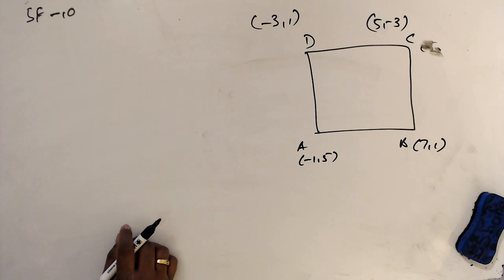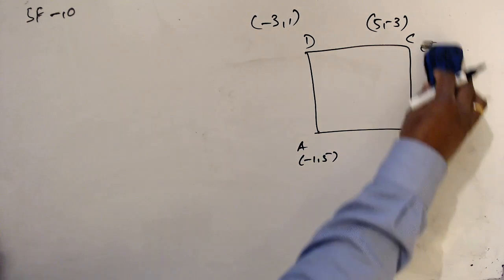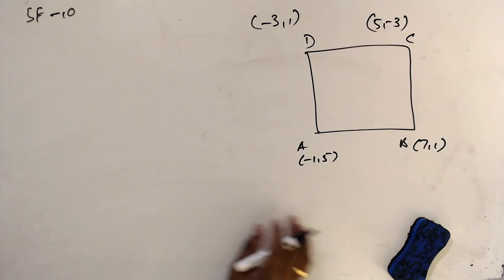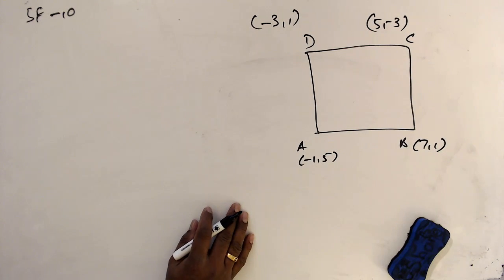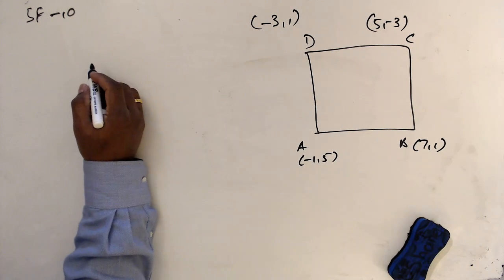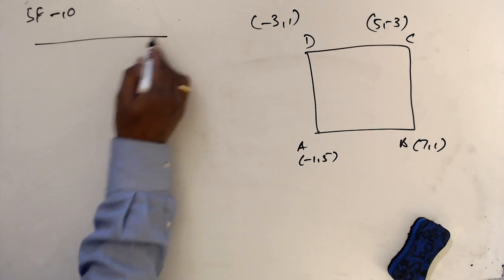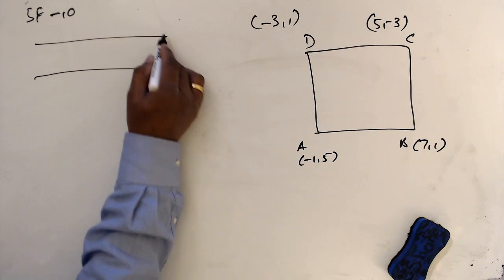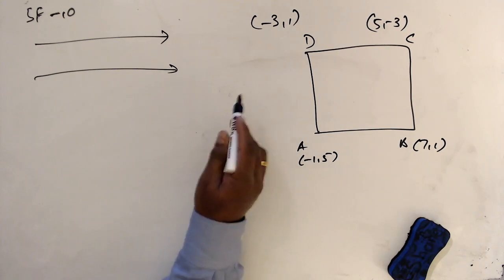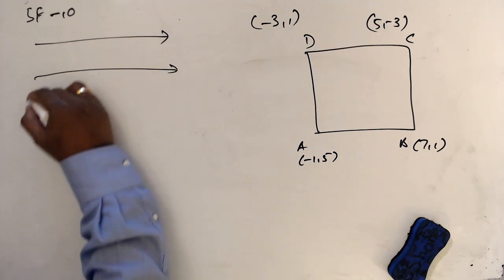Question number 10. We need to show that ABCD is a rectangle. So our plan is, first of all, we will show that AB and DC are parallel lines, and AD and BC are parallel lines.